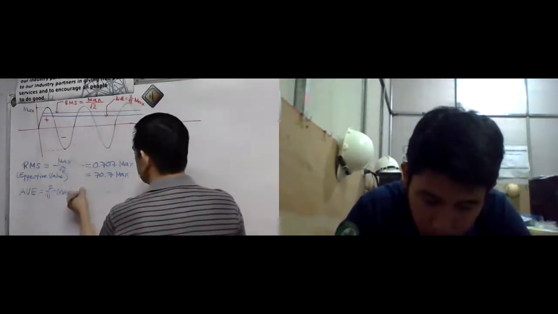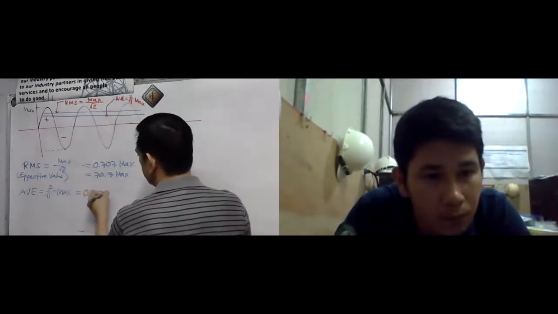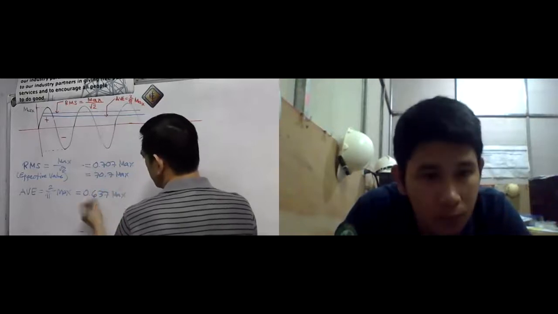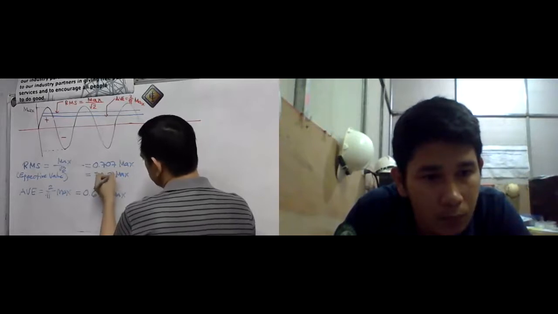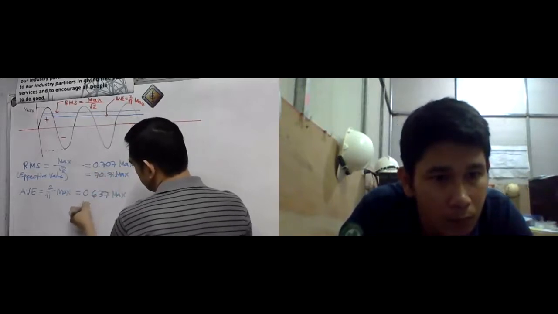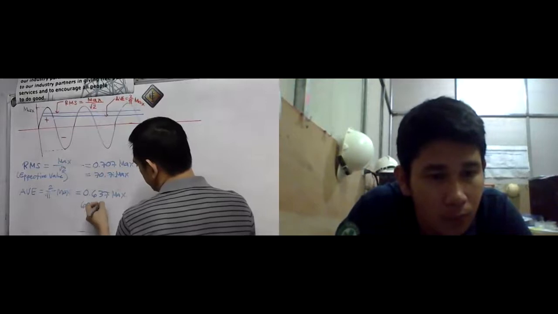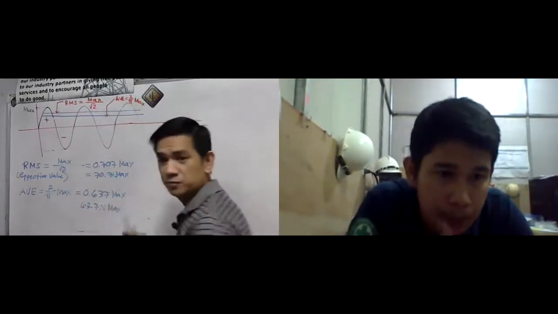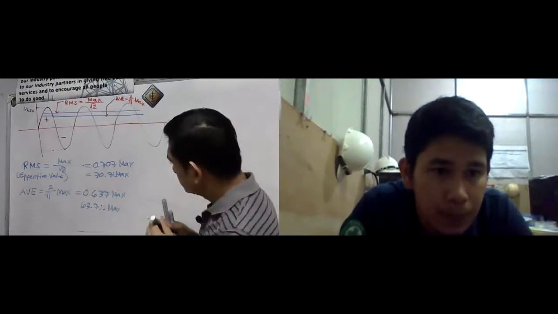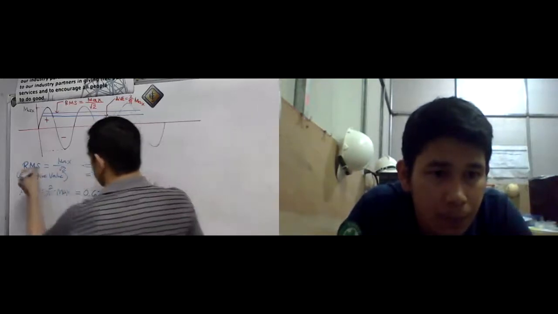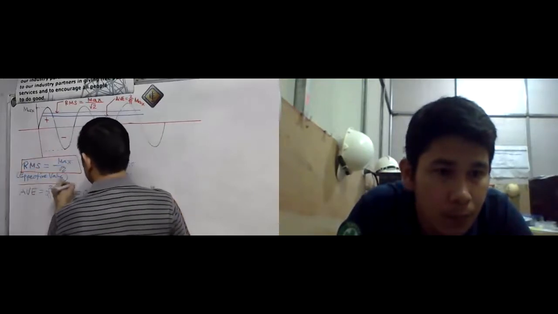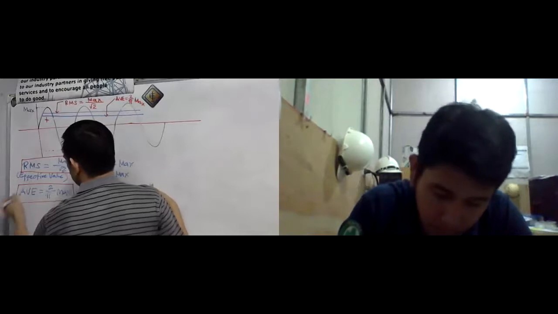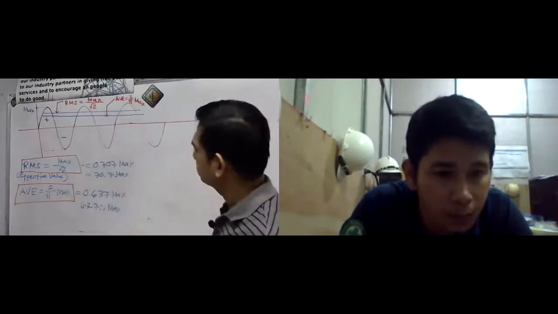We can make it 0.637 multiplied by the maximum value, or in percent, that will be 63.7% of the maximum value. Okay? So please take note of these two important formulas in alternating current circuits. Okay? There.